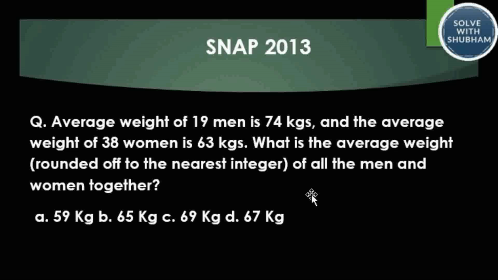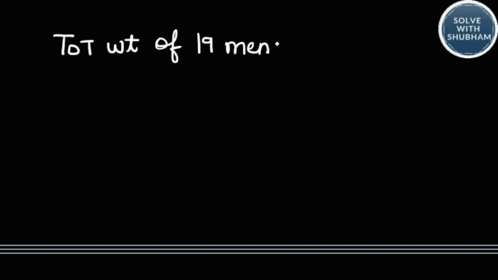So you know the average weight of 19 men. You know the average weight of 38 women. So the total weight of 19 men would be 19 into 74, is it?